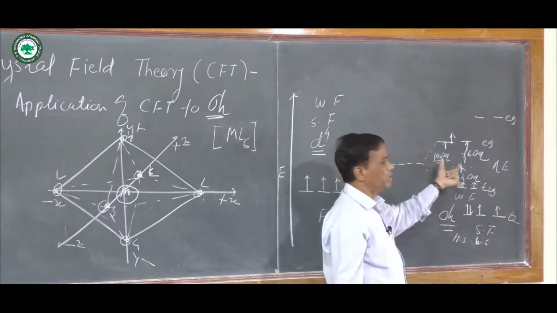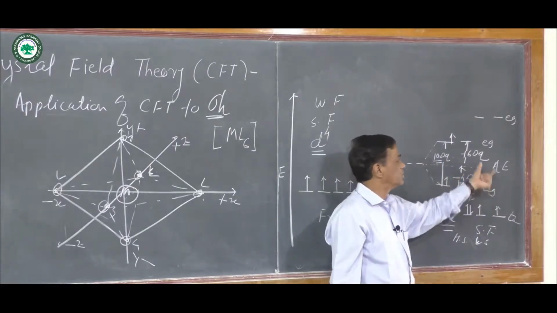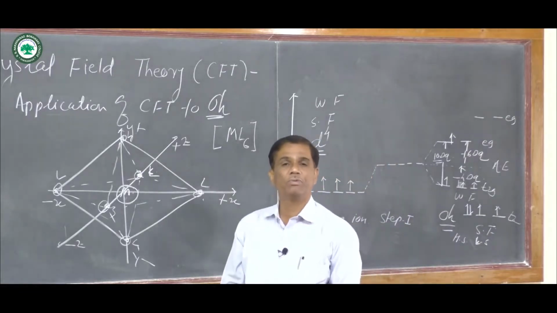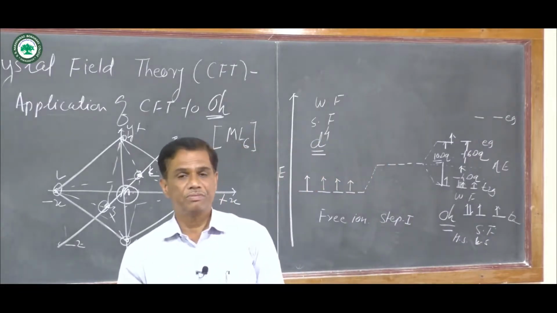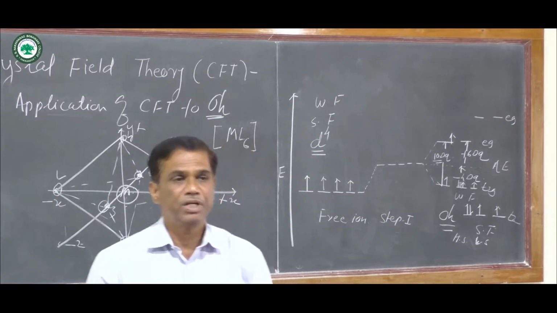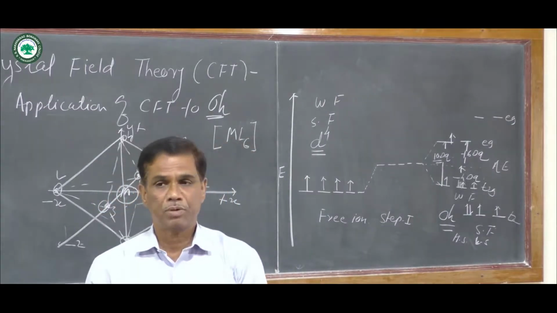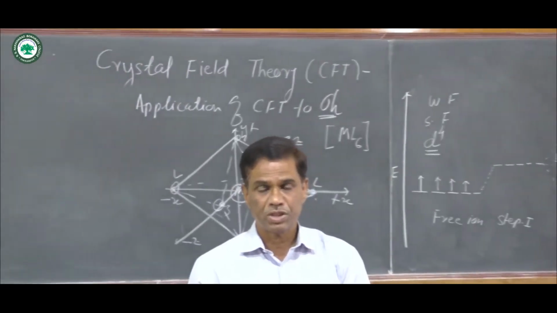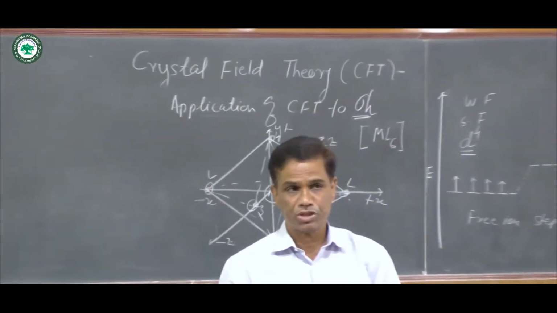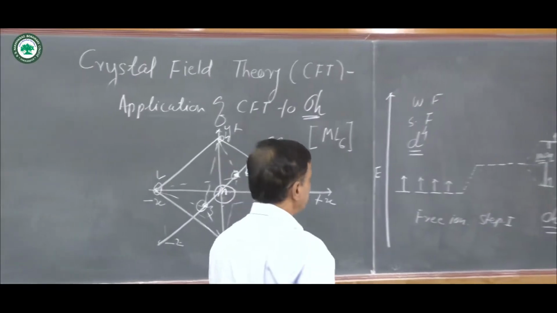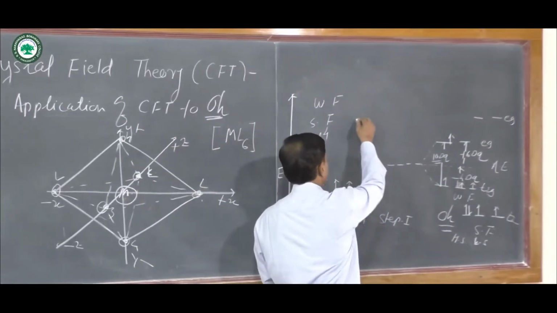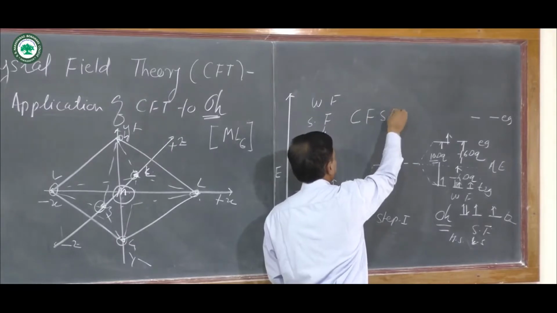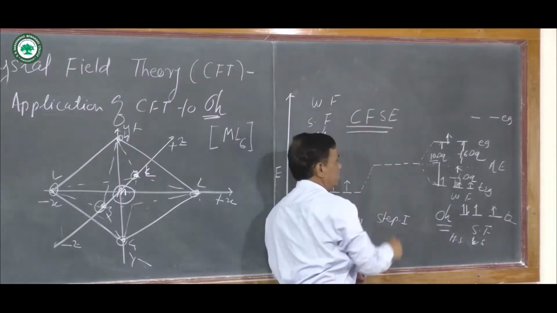The d orbitals split into two sets, one is T2g and second is Eg, and that is the application of crystal field theory in splitting, then determination of number of unpaired electrons, then position of electrons, how ligands approach the central metal atom, and from that you can calculate crystal field stabilization energy, meaning stability of the complex.